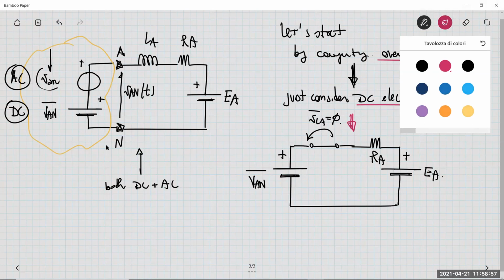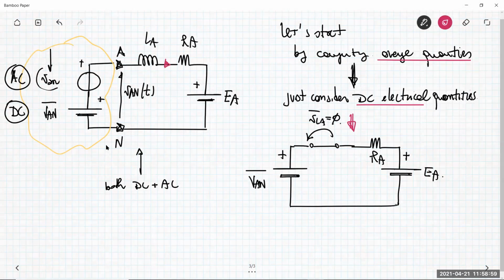So this is the basic circuit I have for computing DC electrical quantities. Let me put the current here flowing in this overall circuit. The current IA can be considered as the summation, again, as we did for the voltage VAN. We can separate the DC contribution and AC contribution also in the current IA. So it is the summation of the average quantity, DC, plus ia, which is the contribution that is totally AC.